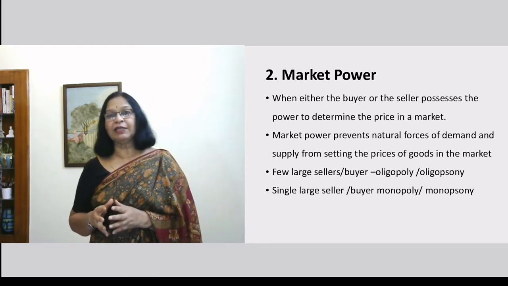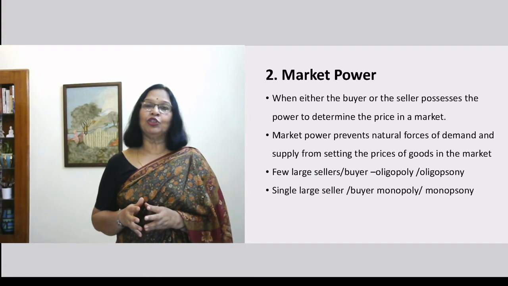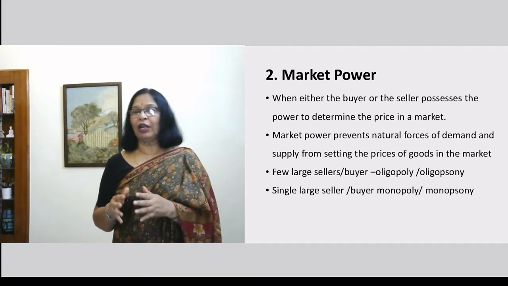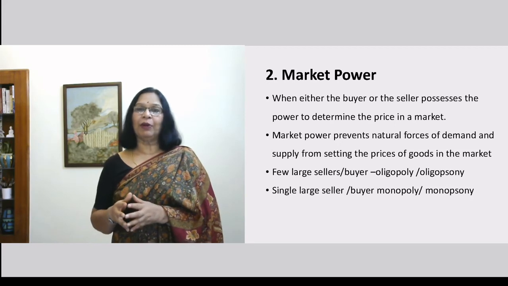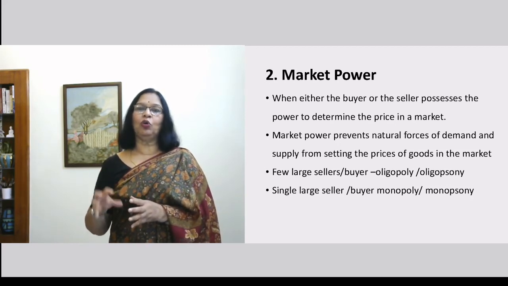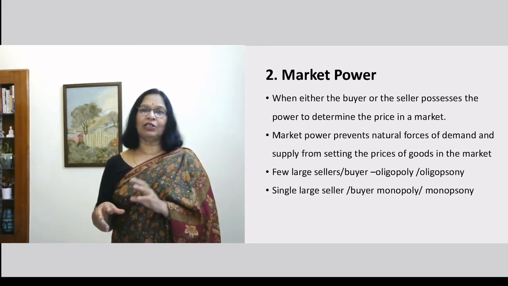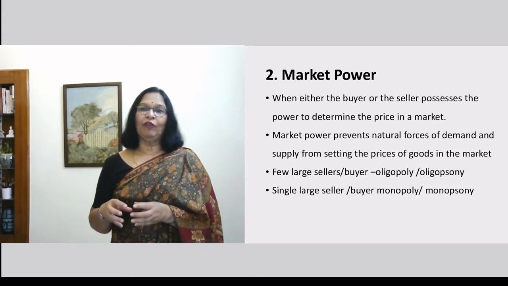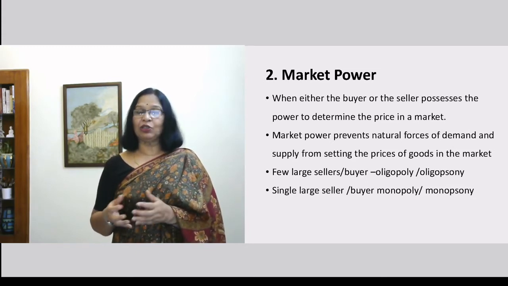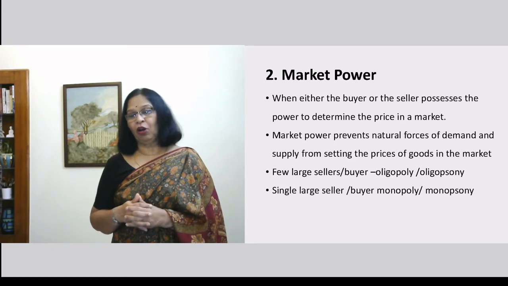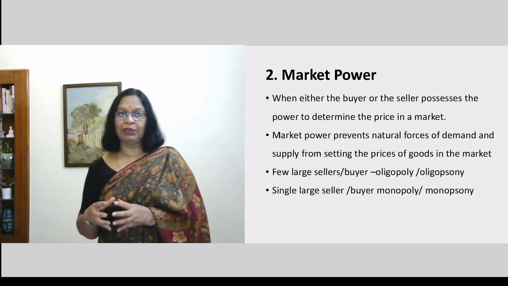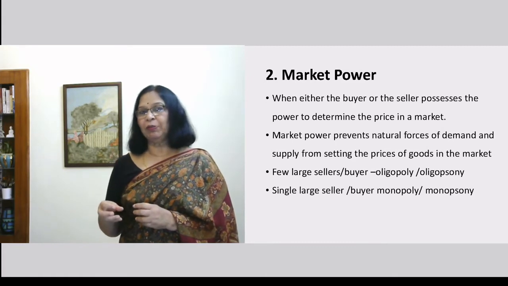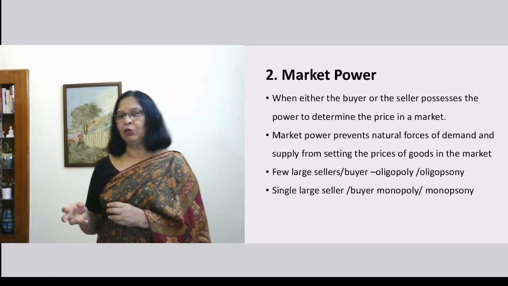In such a case, the power prevents the consumer and the producer from arriving at the normal market determined prices. Rather, the price is determined by the control over either the supply factor or the demand factor. When firms interact in this way, like we saw in the case of oligopoly or monopoly, the firms settle a price which is not determined by the market but only by the firm and its profit motives.